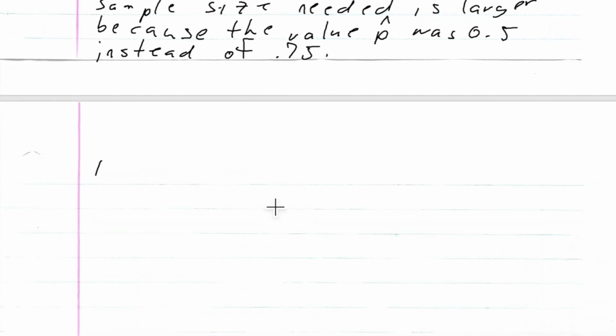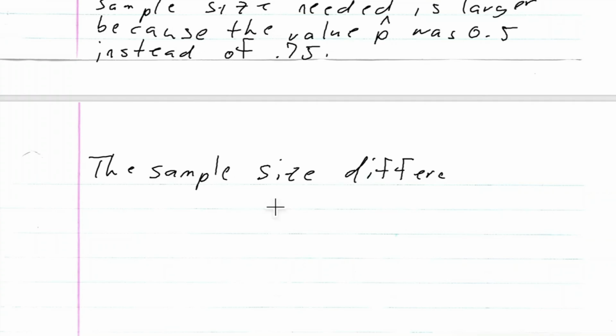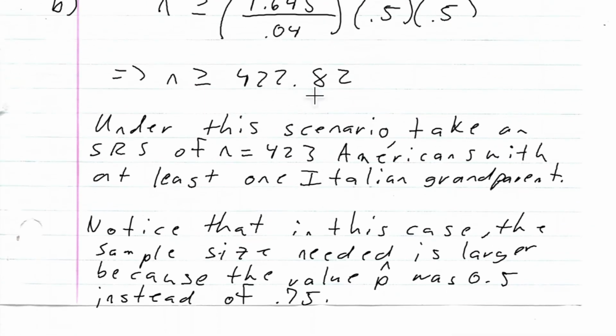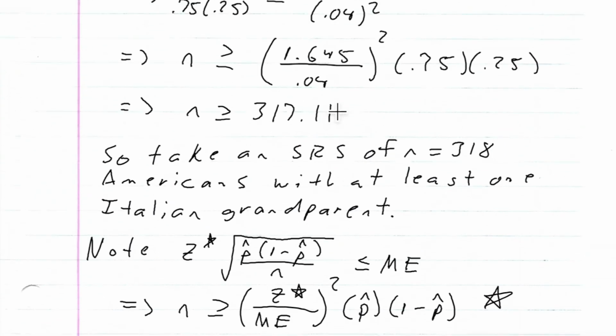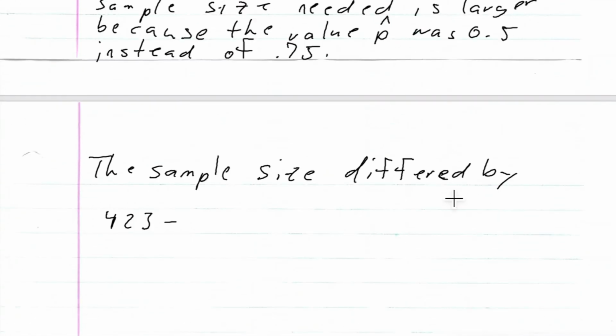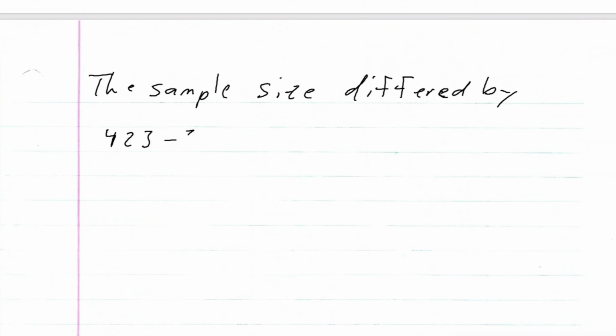We can also say the sample size differed by the bigger one, 423, minus the first one, 318. So it differed by 105 people within the sample.